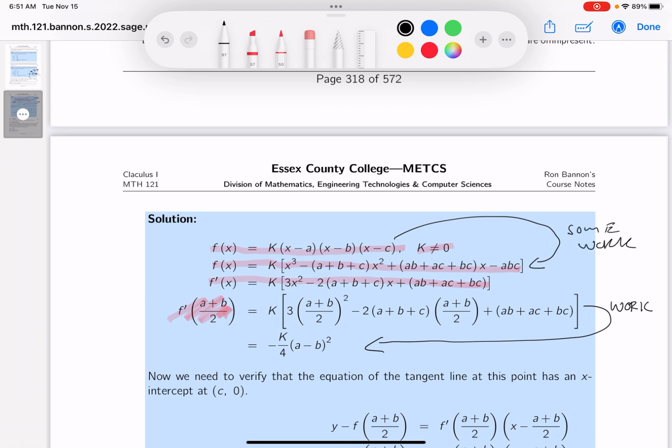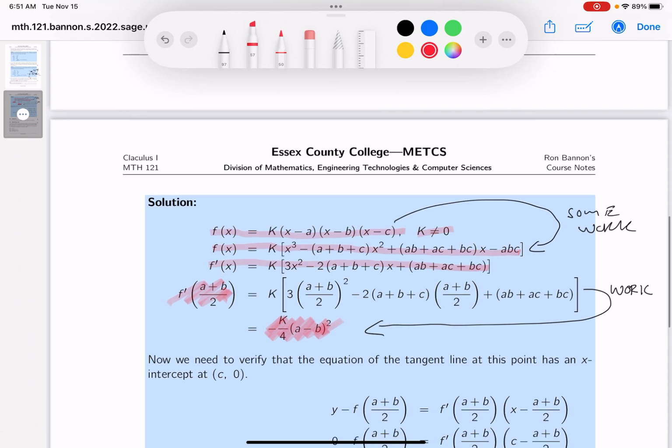Evaluating the derivative at (a plus b) over 2 was some work, but I got this. What we need to do now is verify that the equation of the tangent line at the x value (a plus b) over 2 is going to intersect the x-axis at c.